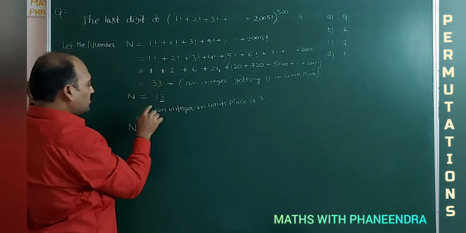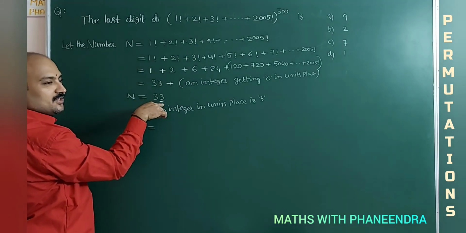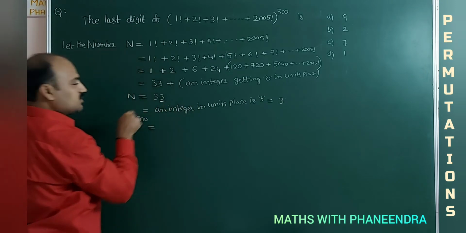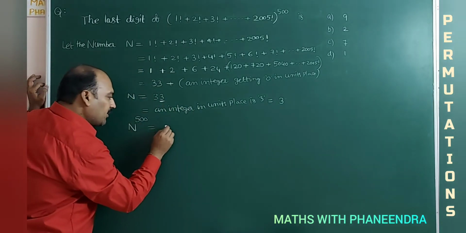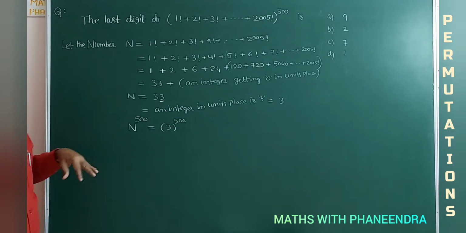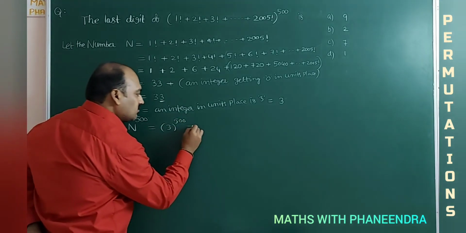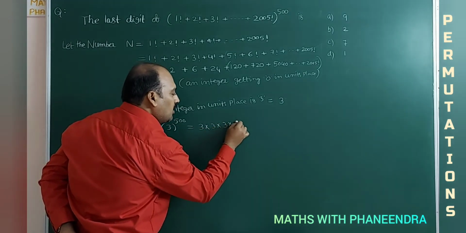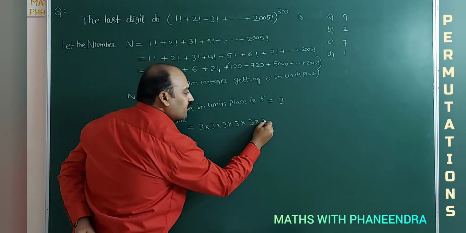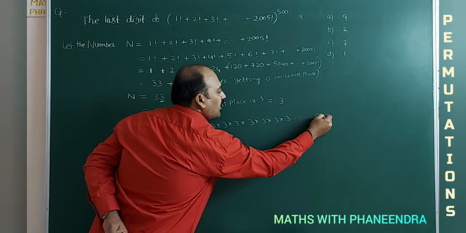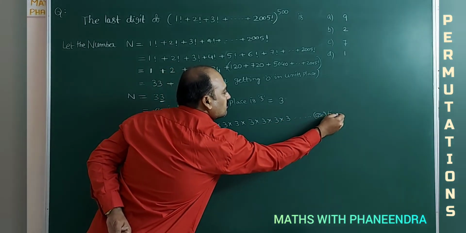We got N is equal to 33, and in that also the unit place is 3. So N power 500 means 3 power 500. What does 3 power 500 mean? 3 into 3 into 3 into 3 into 3 and so on, 500 times.